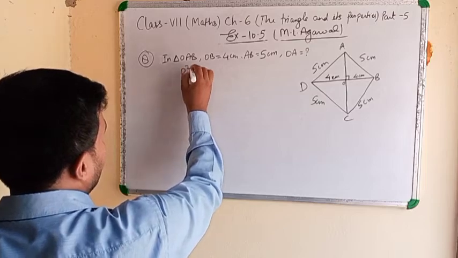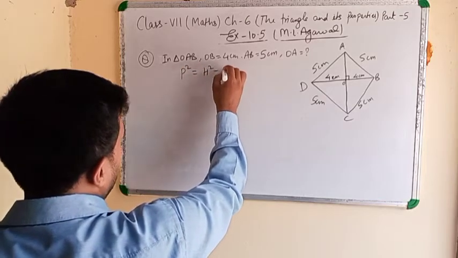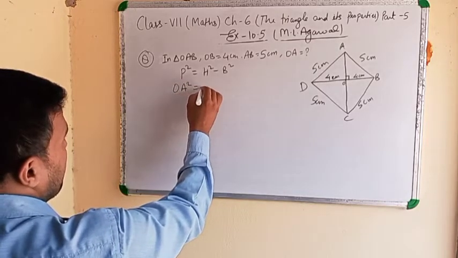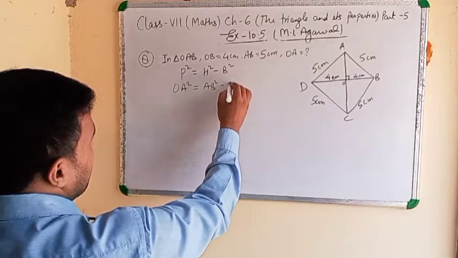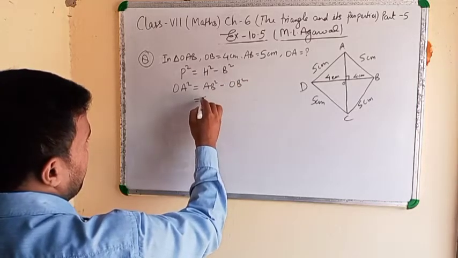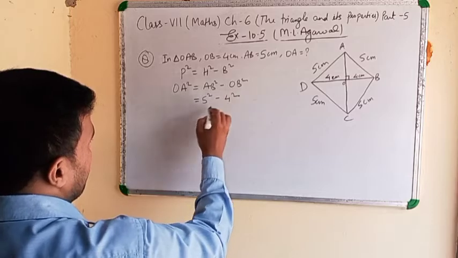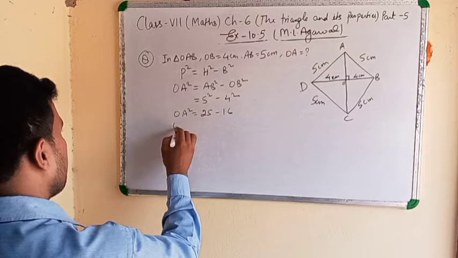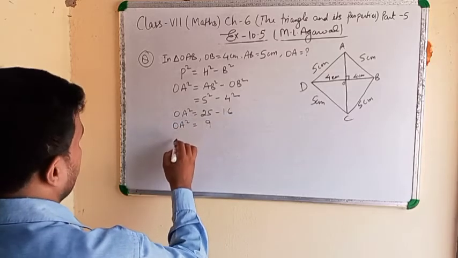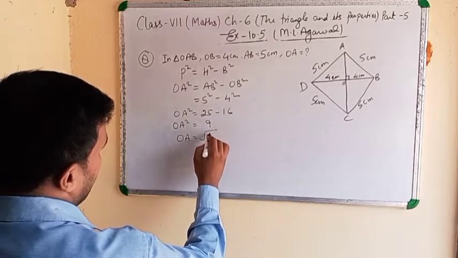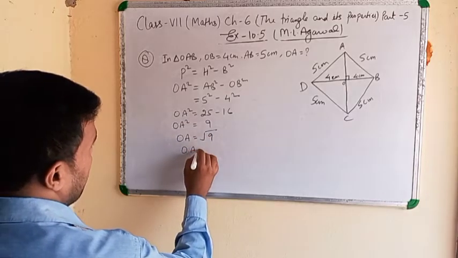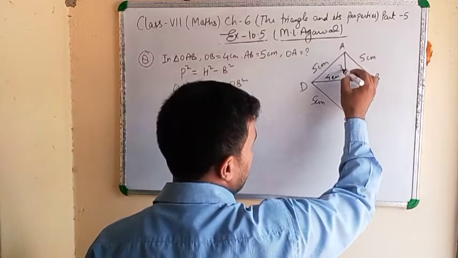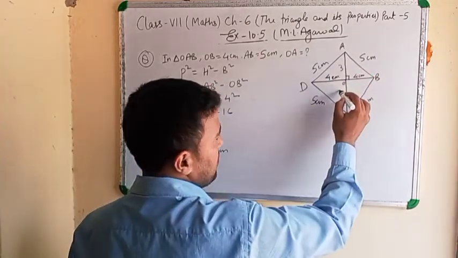Means perpendicular square equal to H square minus B square. OA square equal to AB square minus OB square. AB means 5 square, 4 square. 25 minus 16. OA square means 9. OA equal to square root 9. Then OA equal to 3 centimeter. This value is coming 3, so this is also 3.